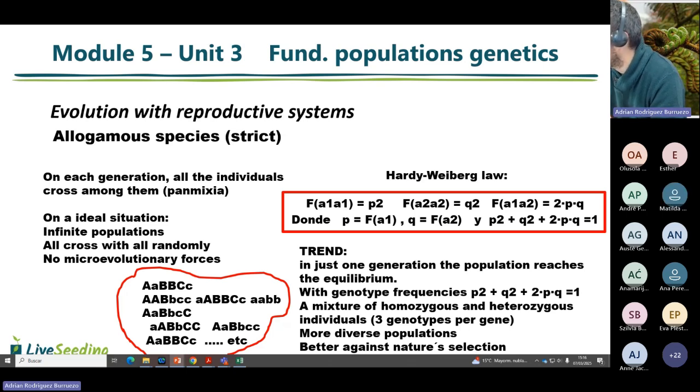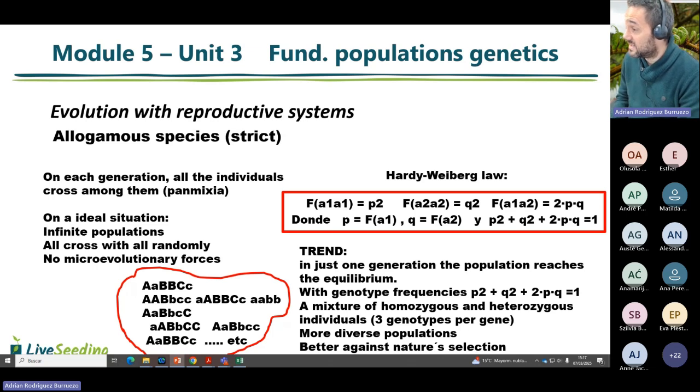And all three frequencies, if you have done the calculation well, add up to the total, 1, okay? And which is the trend in this strictly allogamous ideal species?